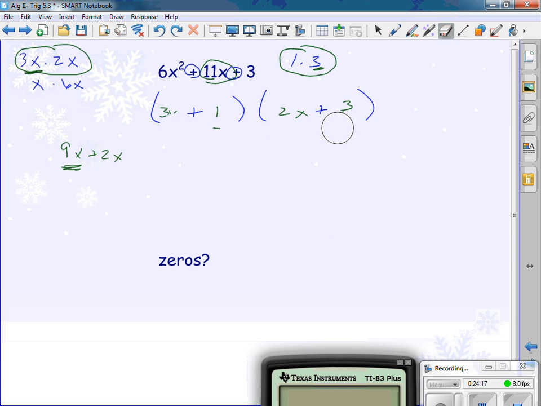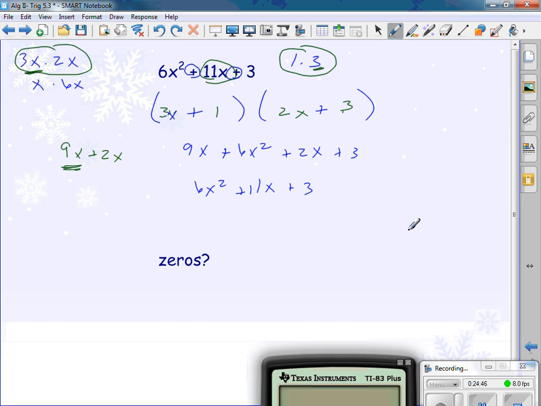Just to show you if I FOIL this. Yes, I do get the 3x times 3 is 9x. 3x times 2x is 6x squared. I did it out of order. 1 times 2x is 2x. And 1 times 3 is 3. 6x squared. 9x and 2x is 11x. And I'm left with 3.